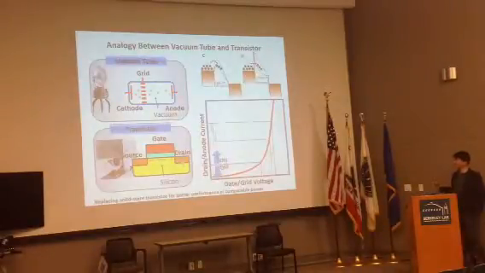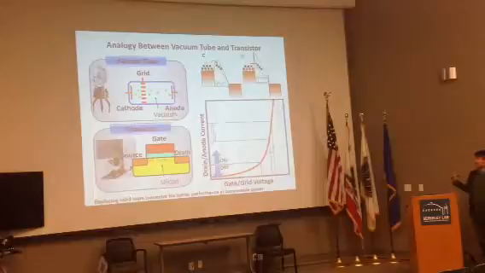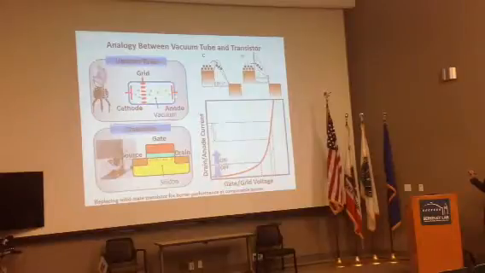So let me show you the terminal characteristics. The vacuum tube basically is a triode. There are three terminals: a cathode and an anode, and the current drivability across the cathode to anode is controlled by the third electrode, which is called the grid. Basically the grid controls the resistance across the cathode and anode. The transistor also has three terminals: gate, source and drain.